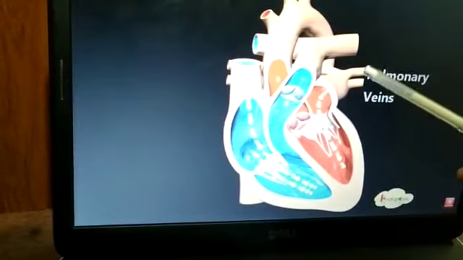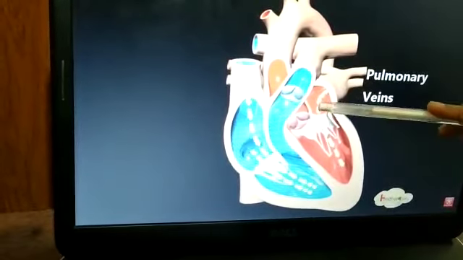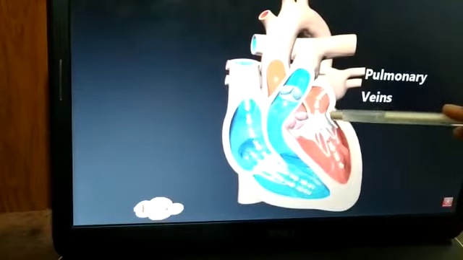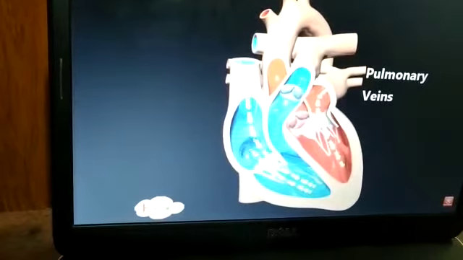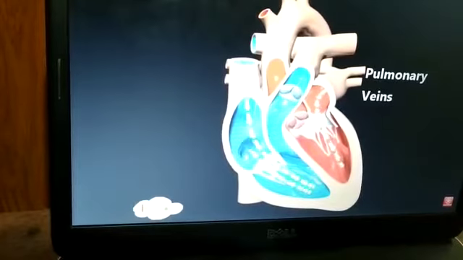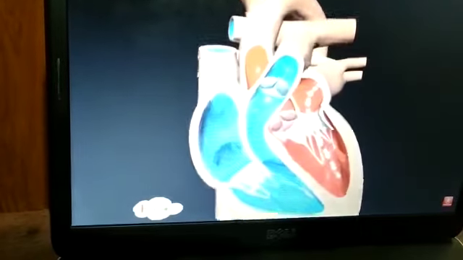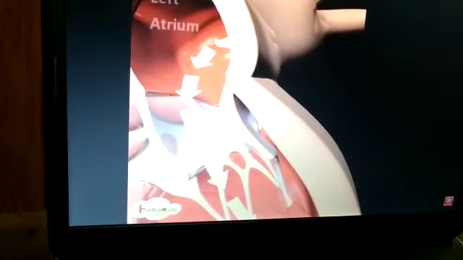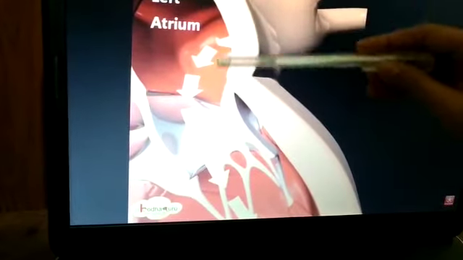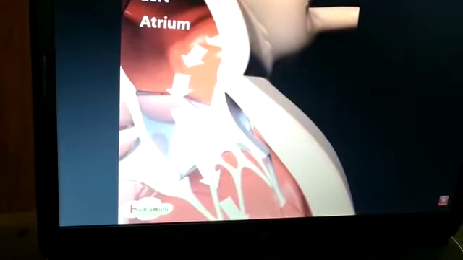From the pulmonary veins, the oxygenated blood is coming to the left atrium and left ventricle. Left atrium. Left ventricle.